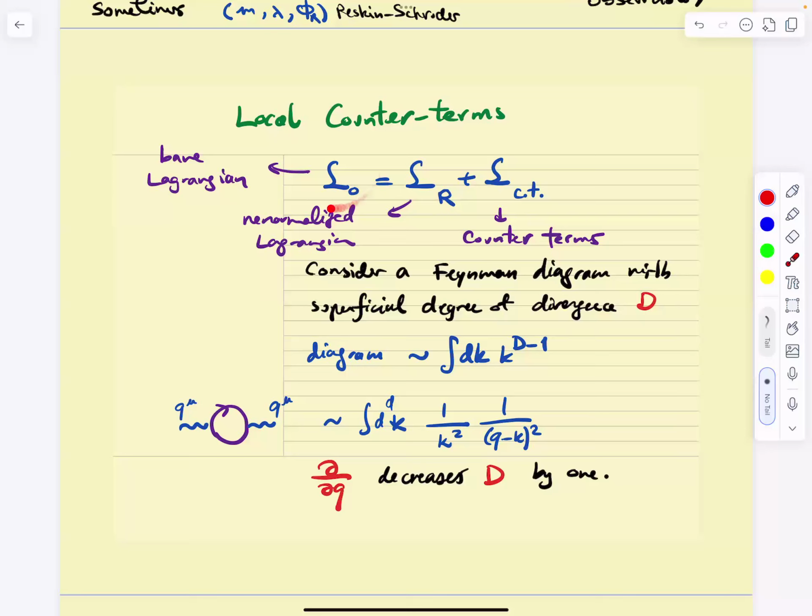So the bare Lagrangian, we're writing it as renormalized Lagrangian plus counter terms. The point is that the counter terms have to be local. Remember the principle of locality. The principle of locality tells you that you should be able to write your action as an integral over a kernel that is local in space-time.